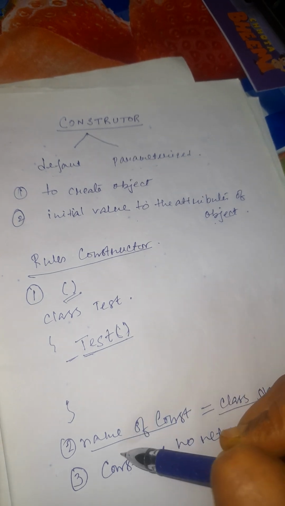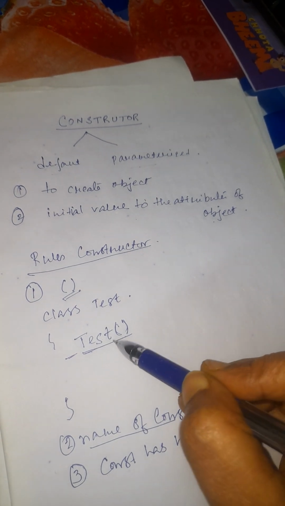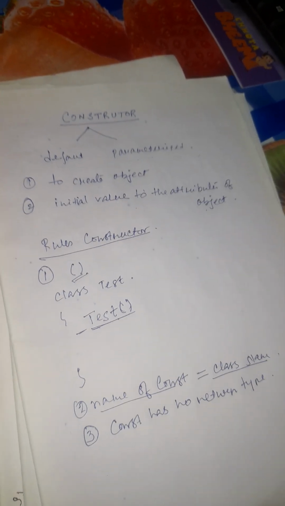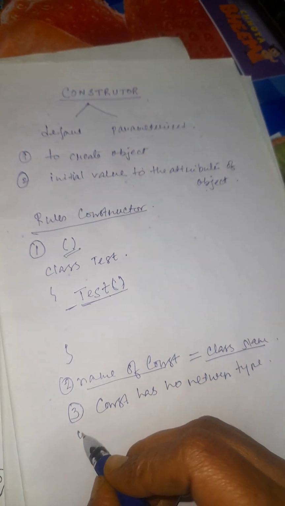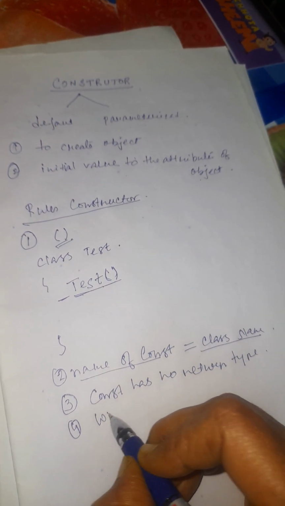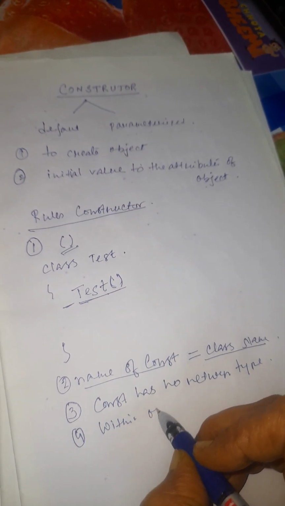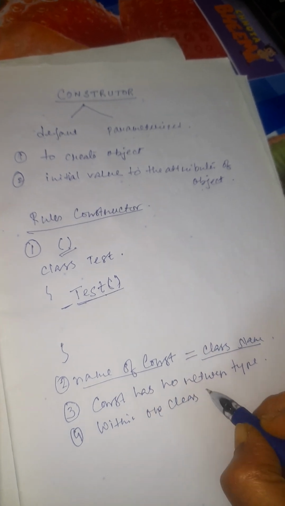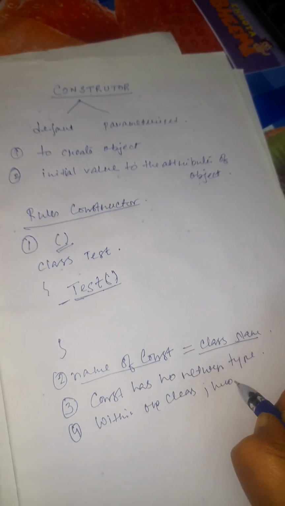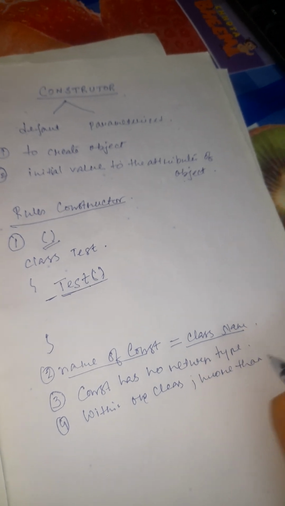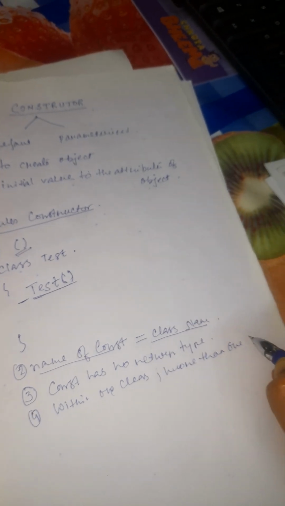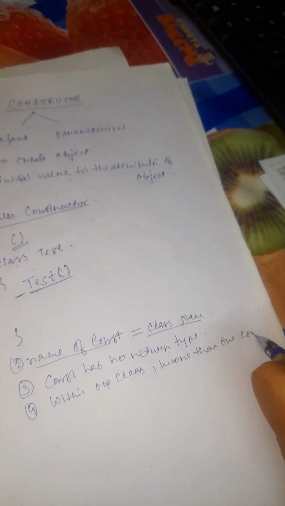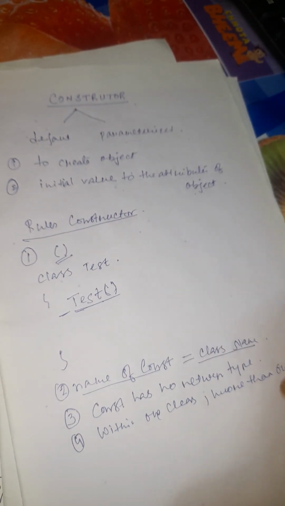The name of the constructor and the class name should be same, and constructor has no return type. And fourth point, within one class you can create more than one constructor. Clear? So multiple constructors you can create within a class.